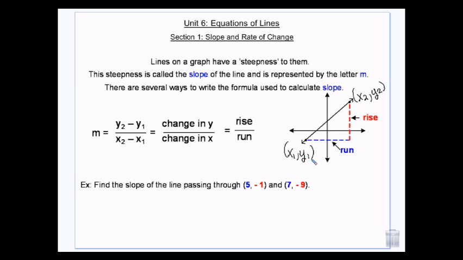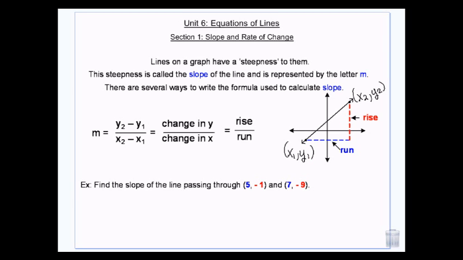Okay, so let's say that the points we're given are 5, -1, and 7, -9. The 5 and 7 are blue because they're x's, and the -1 and -9 are red because they're y's. I wanted to make sure you knew that the x's go together and the y's go together, so that there's no confusion.